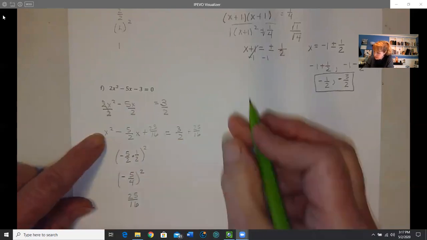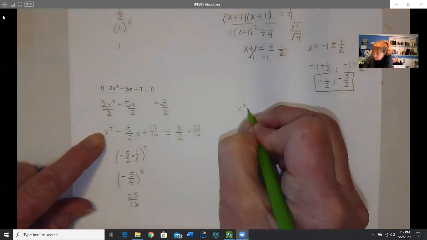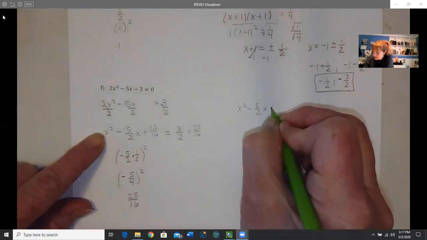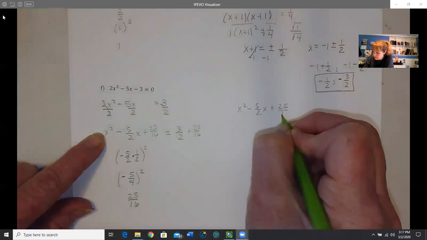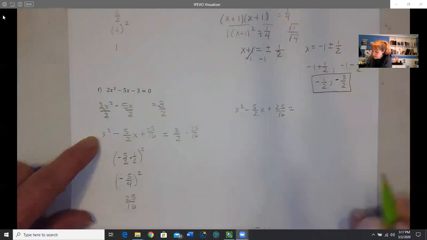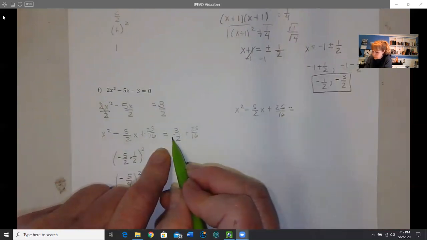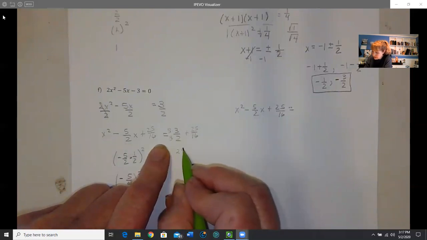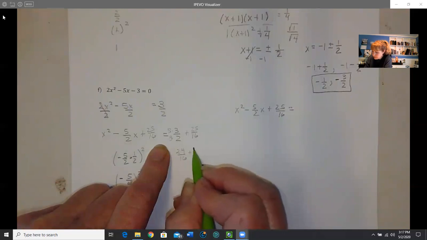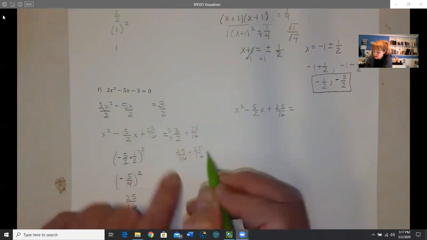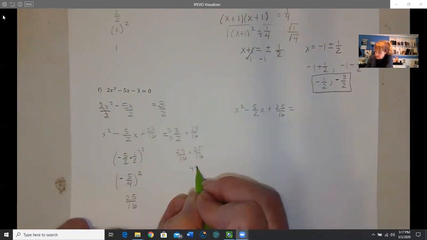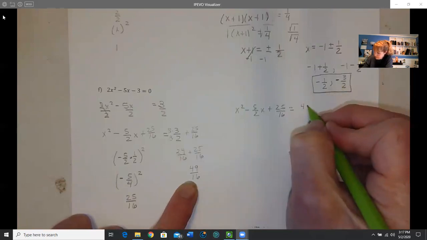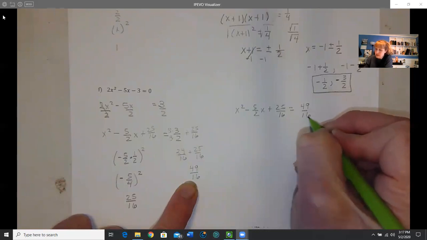So I have x squared minus 5/2 x plus 25/16 equals, to get this to a 16th, multiply by 8. So 24/16 plus 25/16 is 49/16 on the right-hand side.